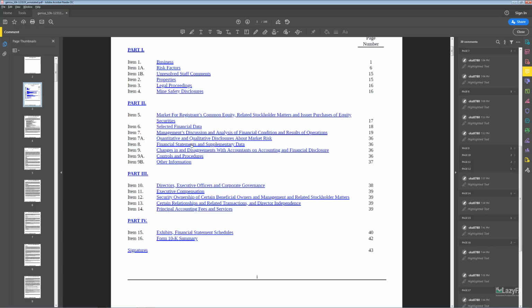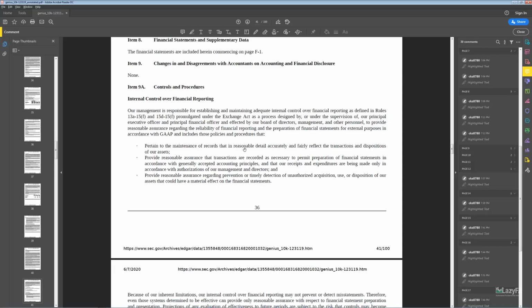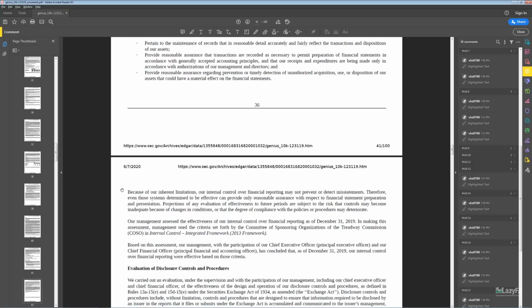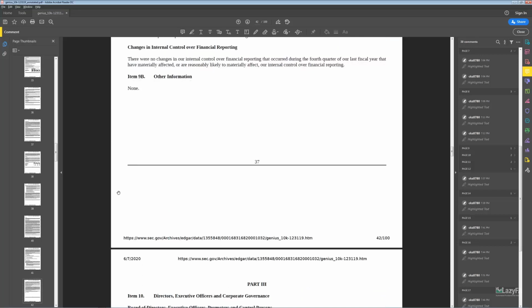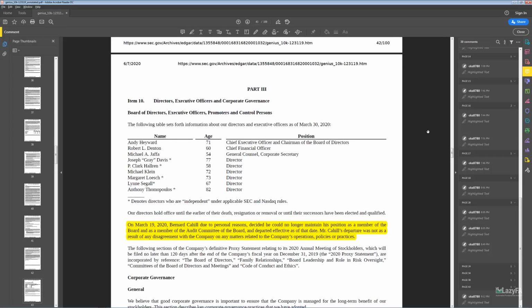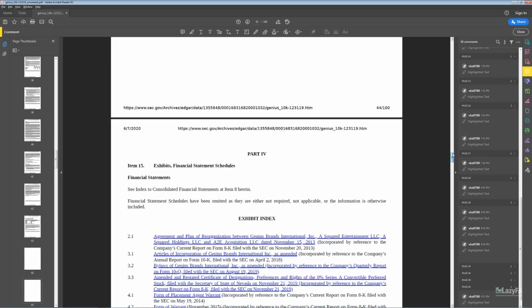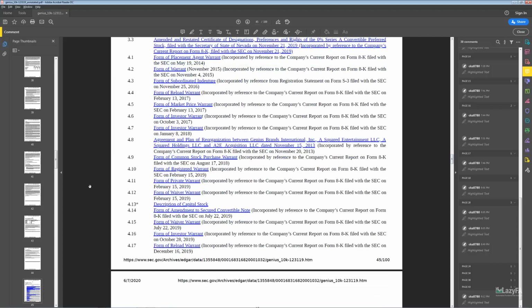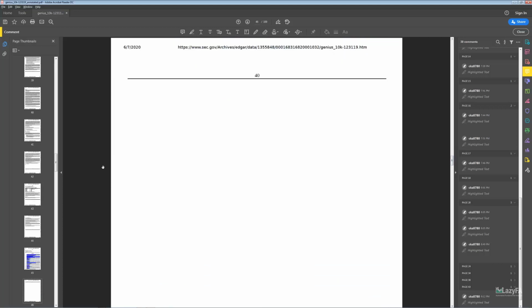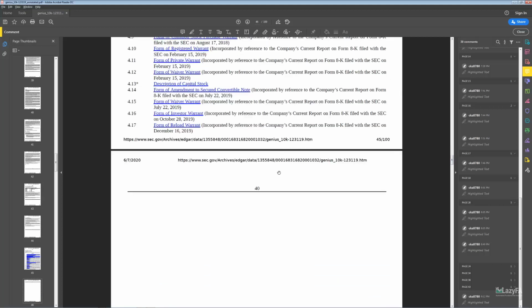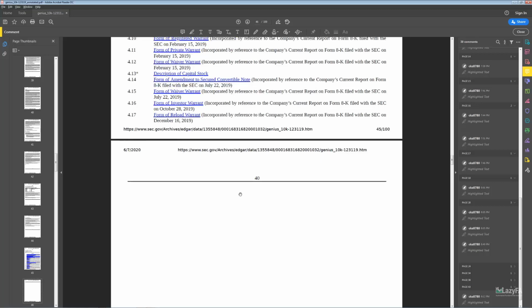the financial statements, the real important thing to read in the financial statements is not necessarily the financial statements themselves. That's useful information. But what's really important is the notes to the financial statements. So you'll notice the actual filing itself is only about 40 pages long.